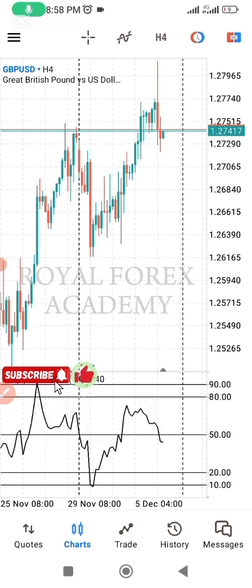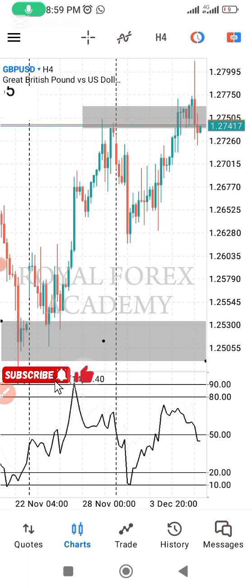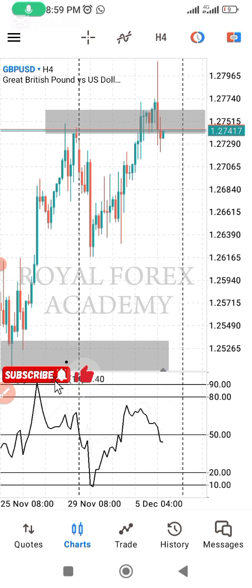In today's video, we are looking at understanding fair value gap. One of the points of interest where we expect price to move from, we said we mark area of support and resistance, supply and demand zone, our order blocks.